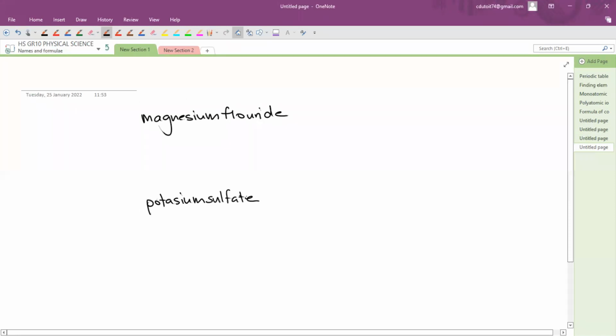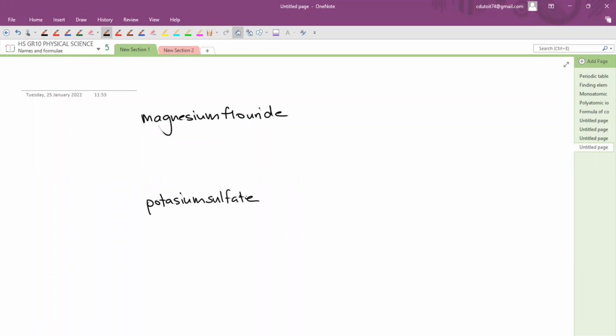Those two, quickly: magnesium fluoride and potassium sulfate. You only need the periodic table. I'm not testing you on that little block of stuff that you still have to learn.